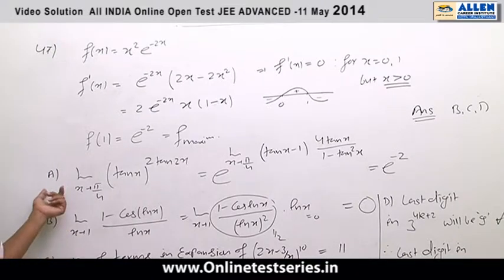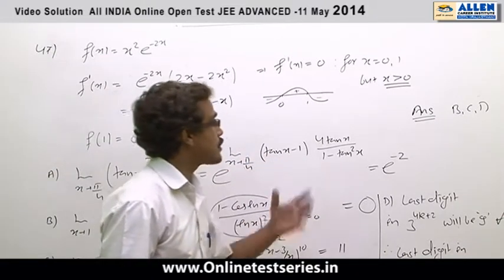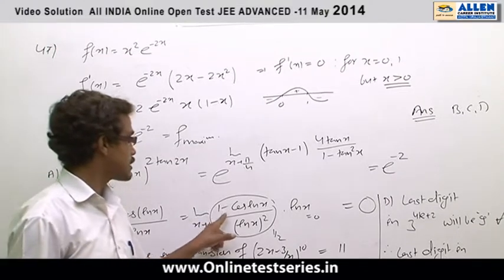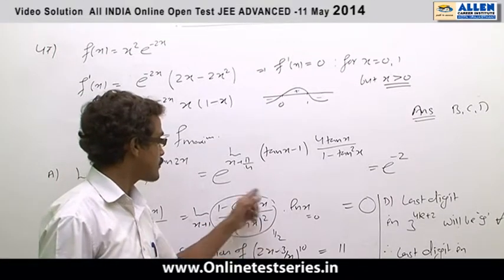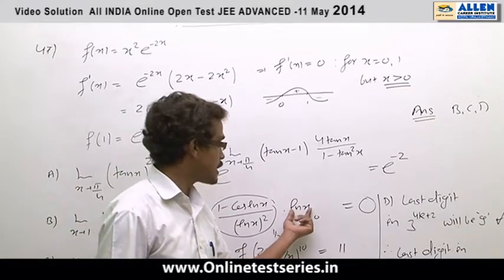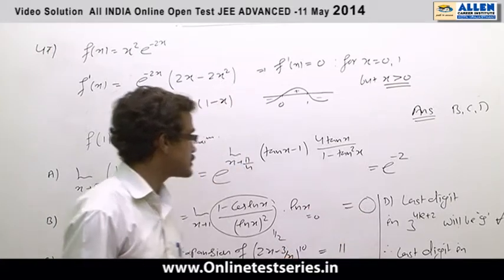So option A is correct. In option B, we have to find the limit as x tends to 1 of (1 - cos ln x) by (ln x)², which would be half, but at x equal to 1, ln x is 0, so that's why the limit is 0.